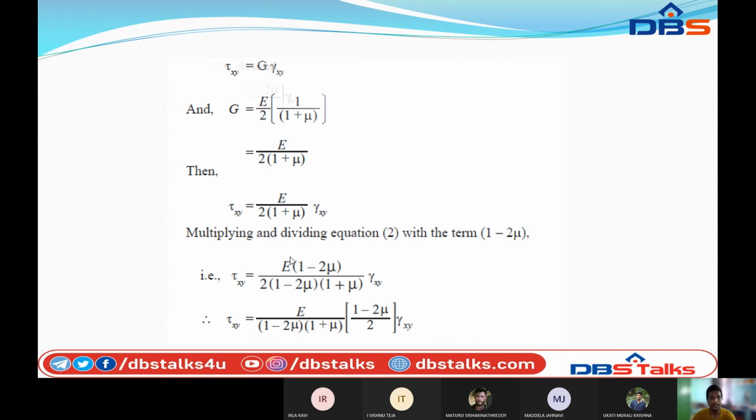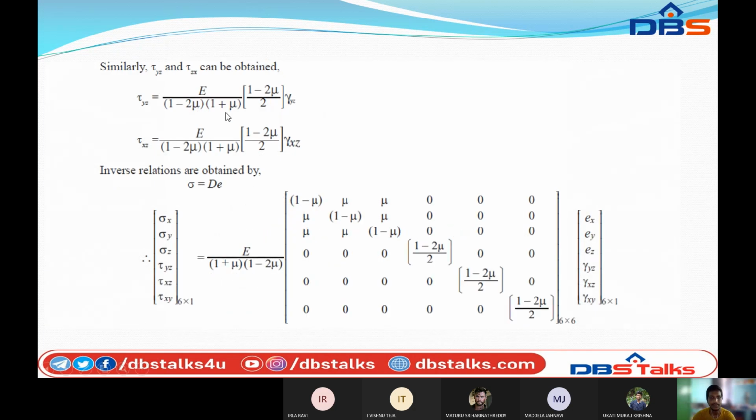Tau yz is 1 minus 2 mu by 2, and tau xz also 1 minus 2 mu by 2. These terms are written based on the equations of the stress components and similarly the strain components.